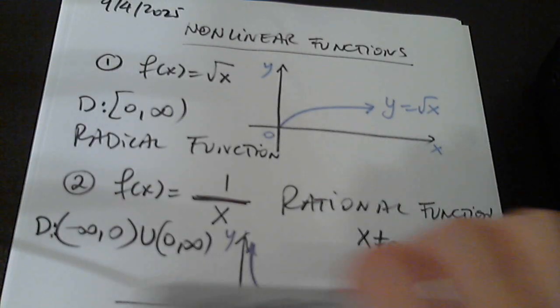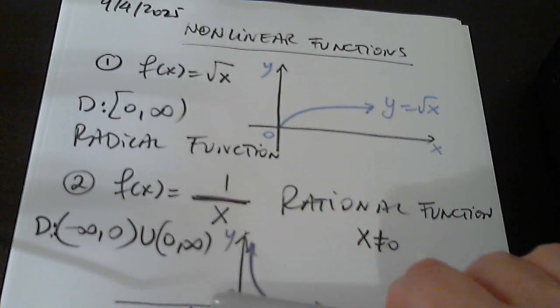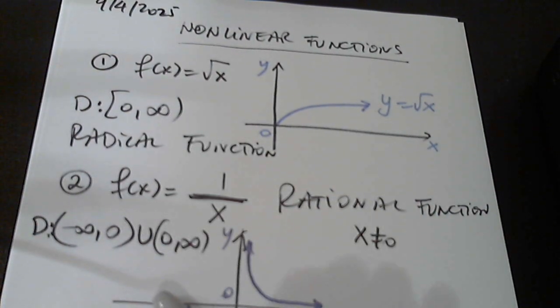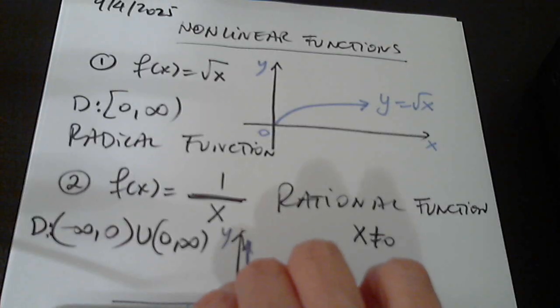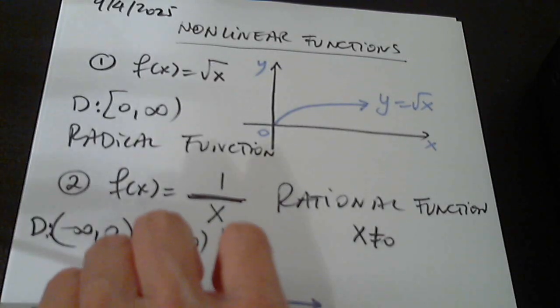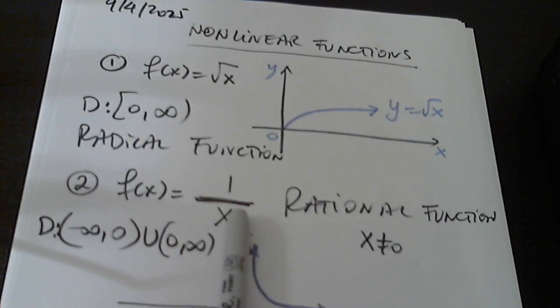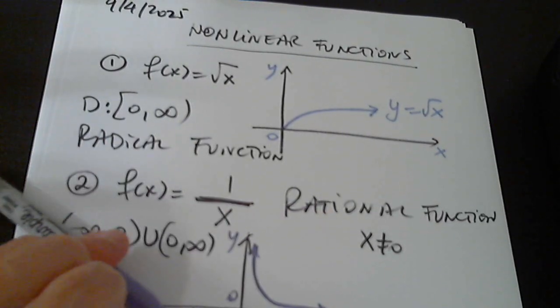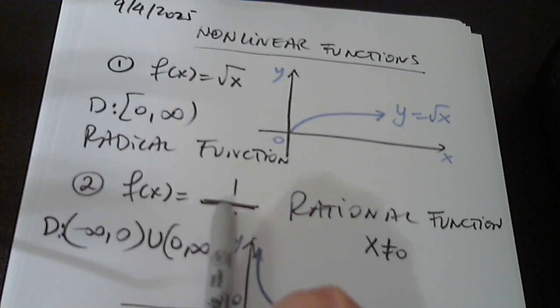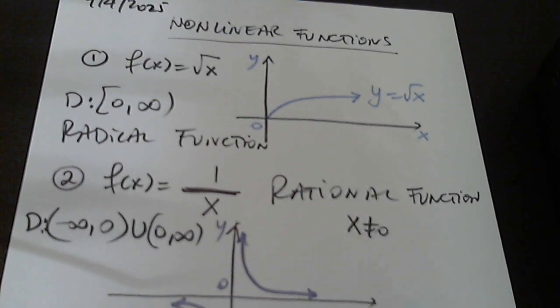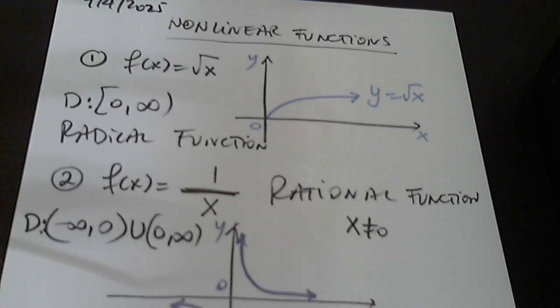Excellent. On the other side, as x goes to negative infinity, the function values get closer and closer to 0. Exactly. One more time from this side. As x approaches 0 from this side, the function values go to negative infinity. It's a very important concept. We need this for the next step in this class.